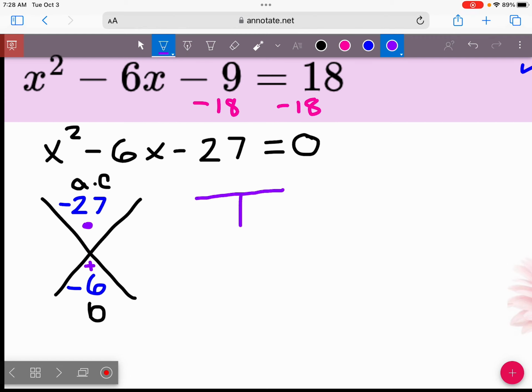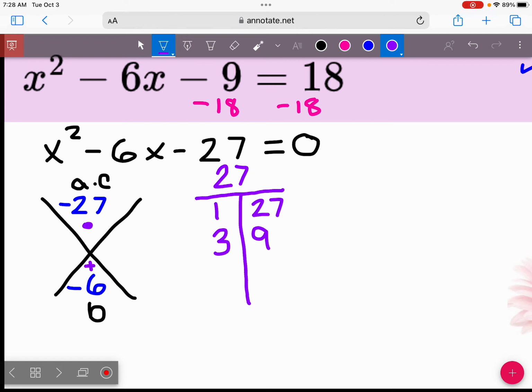So I'm going to make a list of factors, things that multiply to make 27. Positive 27: 1 and 27, an option. 27 doesn't divide by 2. It does divide by 3 and 9. No 4s, no 5s. Won't divide by 6.